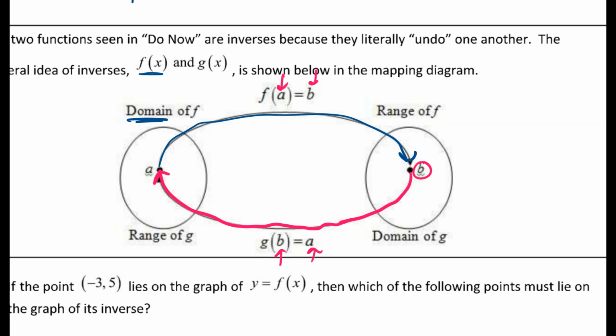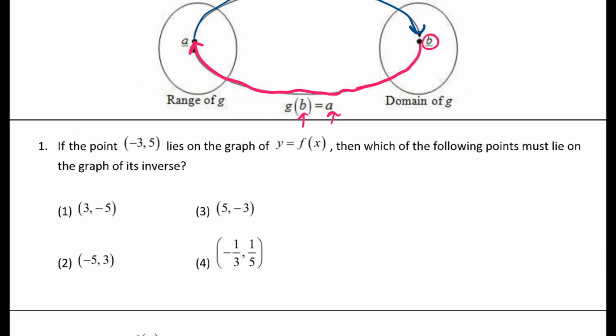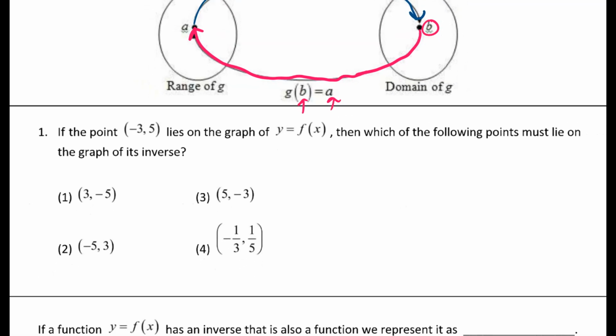Let's do a couple of examples with some numbers. So if the point (negative 3, 5) lies on the graph of y equals f of x, which of the following points must lie on the graph of the inverse? Well, let's think about this point right here. My input is negative 3, and my function f is sending the negative 3 to the output of 5. And my inverse function should do the exact opposite.